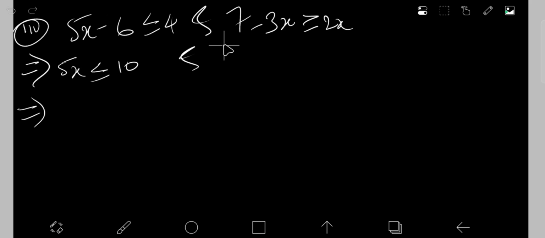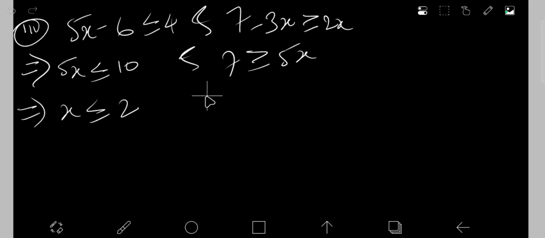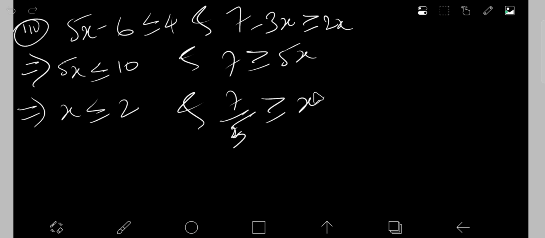And this one we take 7, add 3x to both sides, so 3x cancels out, and this side gives 5x. In the next line we divide by 5 on both sides, so we get x is less than or equal to 2, and this side dividing by 5, x is less than or equal to 7 by 5.